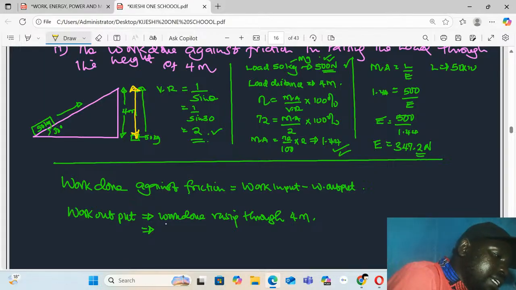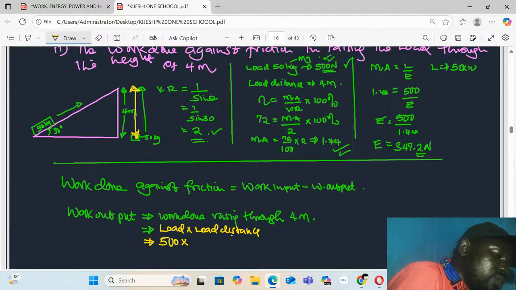So it will be the load itself times load distance. And this is a load of 50 kilograms. When you convert into load, it will be 500 newtons.